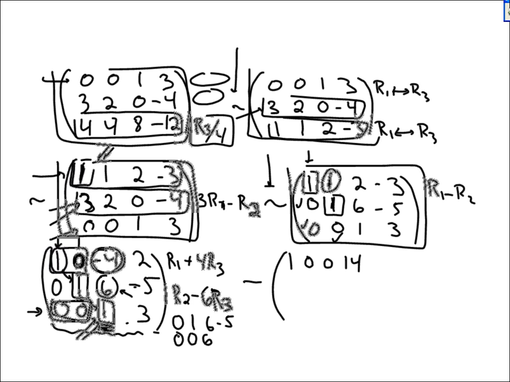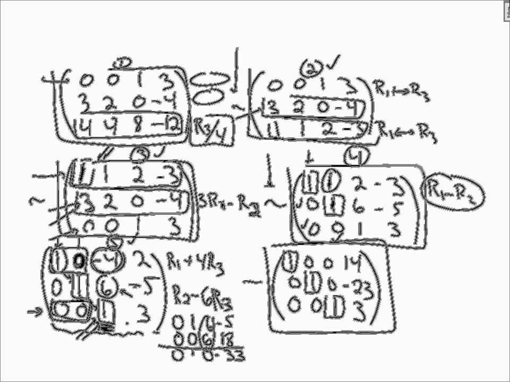Well, I have first non-zero entries, yes. And they're all 1s. I might have just said zeros, I'm sorry. They have to be 1s. And the leading ones, as you go down, they have to go to the right. Not one column to the right. They can go 4 and 5 columns to the right, but they have to go to the right.